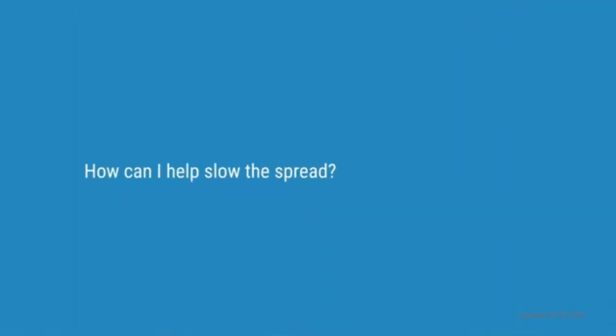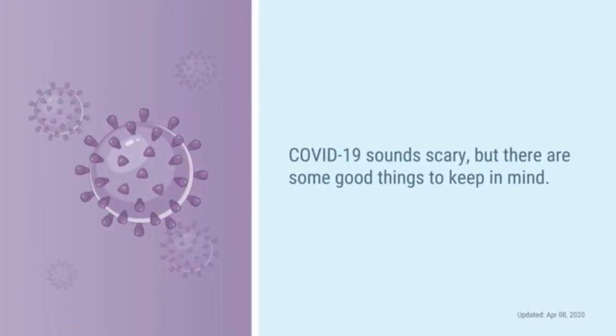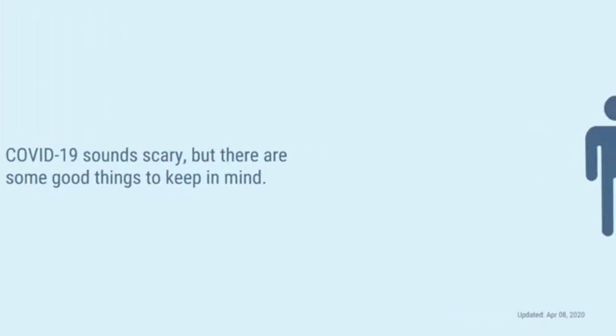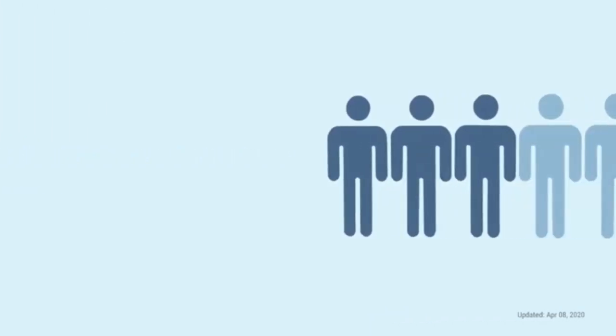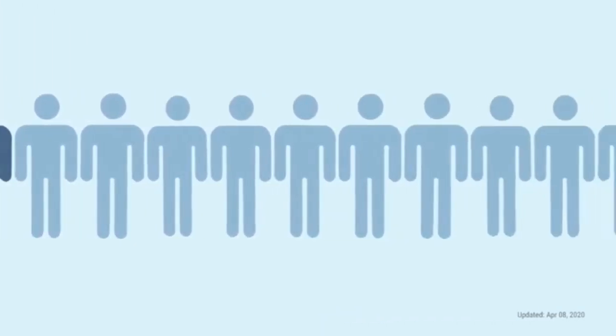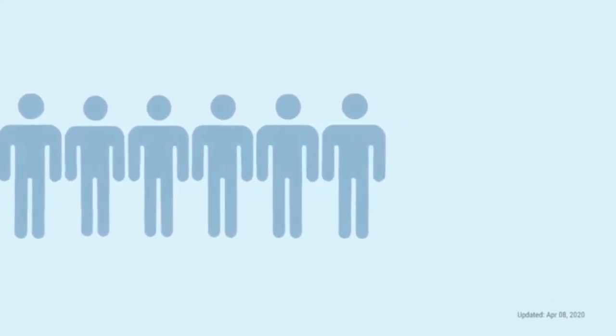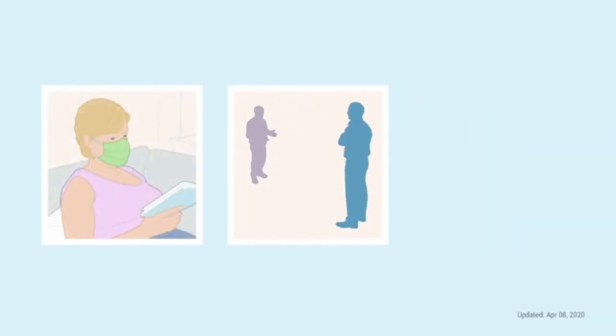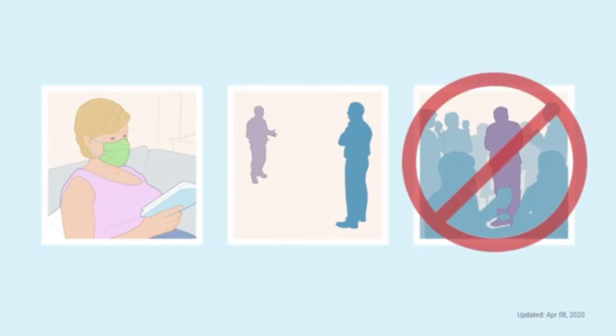How can I help slow the spread? I know COVID-19 sounds scary, but there are some good things to keep in mind. For most people, COVID-19 is a mild infection that is not life-threatening. You can do a lot to keep yourself and others healthy by washing your hands, staying away from people who are sick, wearing a face covering, and practicing social distancing.